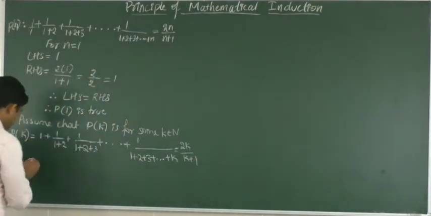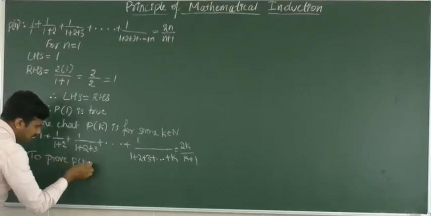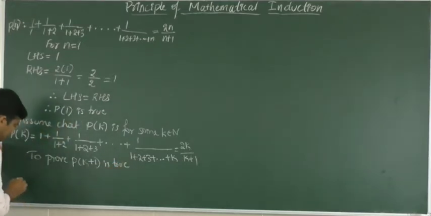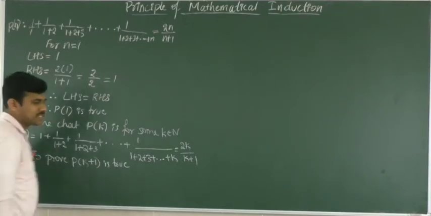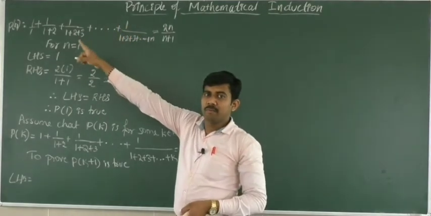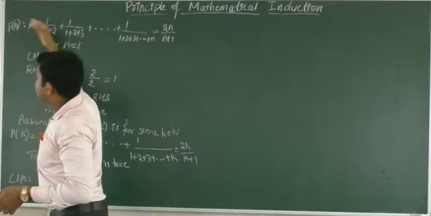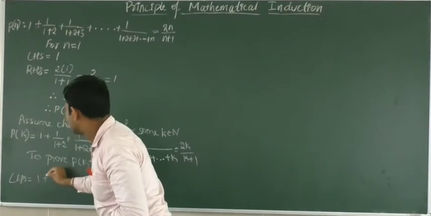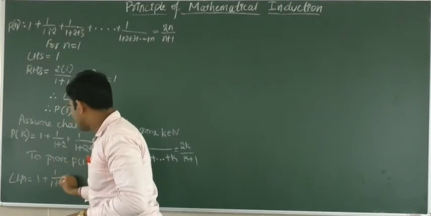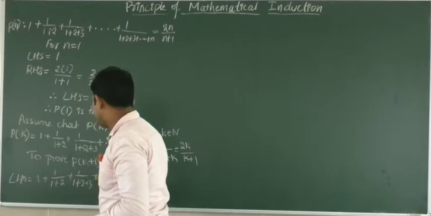Now to prove P of k plus 1 is true, what is P of k plus 1? The left hand side of P of k plus 1 is obtained by replacing n as k plus 1 in the left hand side of the given statement. So that is 1 by 1, plus 1 by 1 plus 2, plus 1 by 1 plus 2 plus 3, and so on, it continues.